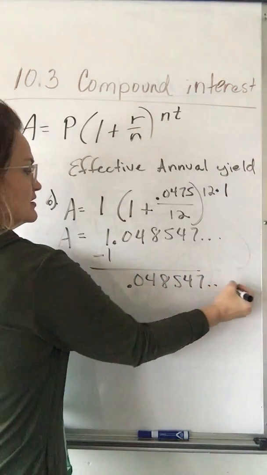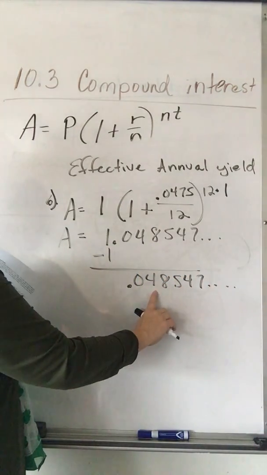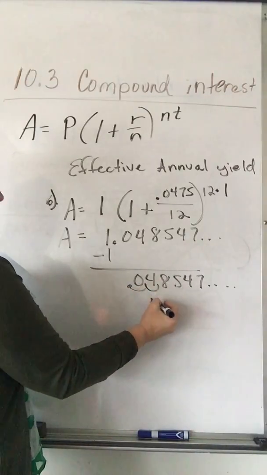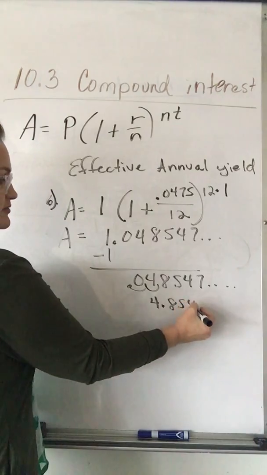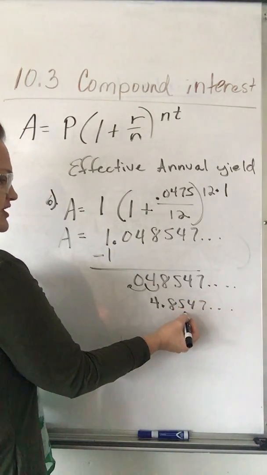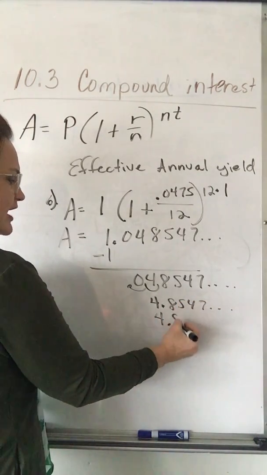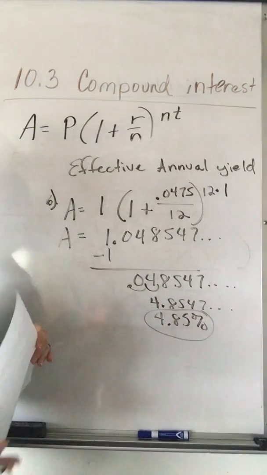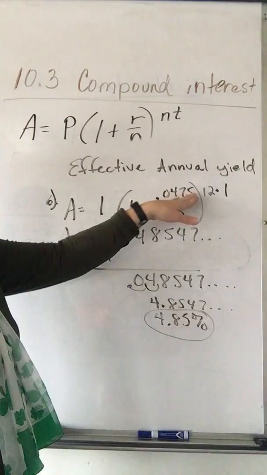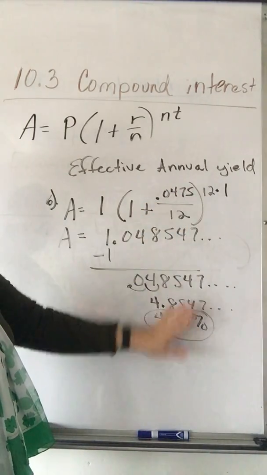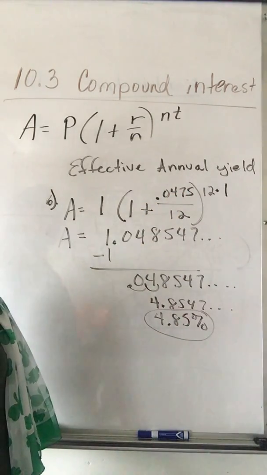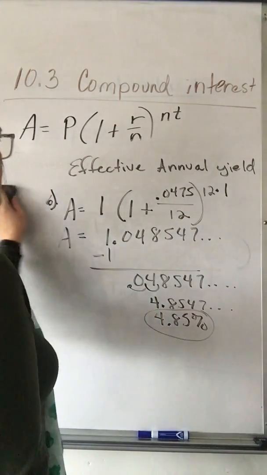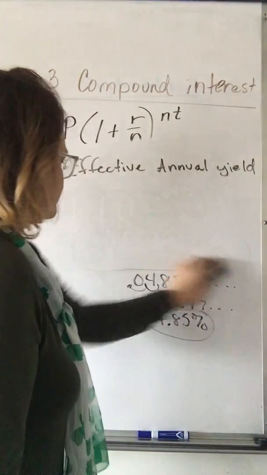So we grew a little over 4 cents, and to express that as a percent, we move to the right and call that 4.85, whatever we're rounding to. Let's round to 2 places on these to be a little more accurate. So that would be 4.85%. And notice it was a 4.75%. Effective yield is always going to be a little better whenever you crunch this in. The effective yield, $1 for 1 year.